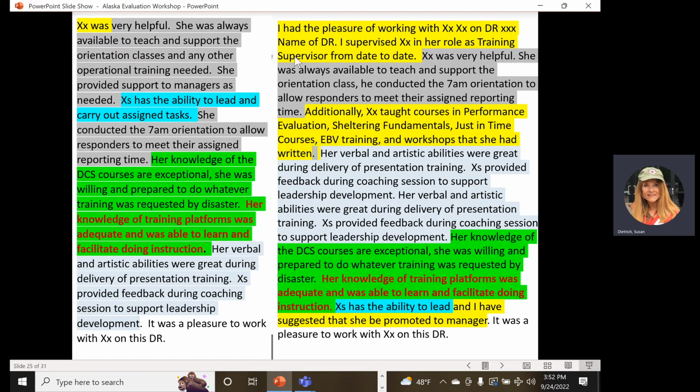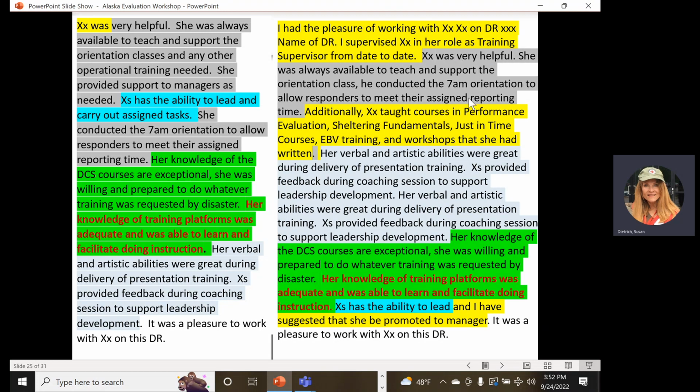So the yellow is stuff that was added. So there's just a little bit that was added. We added that they had the pleasure of working with Cindy on DRO 821, Typhoon Merbok. I supervised her in the role as training supervisor from blank to blank.